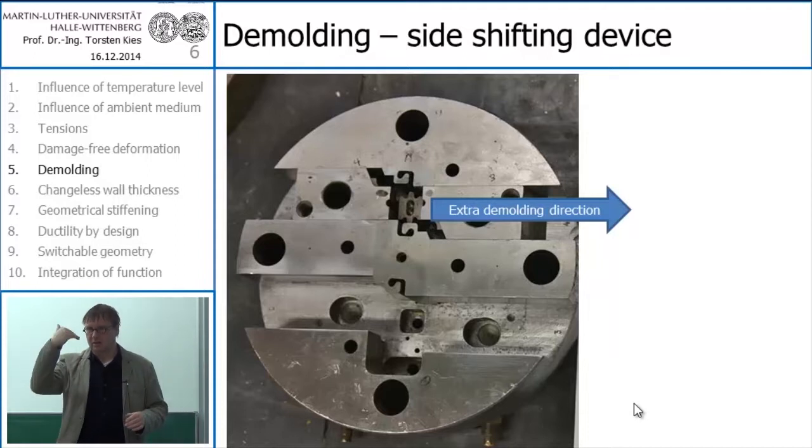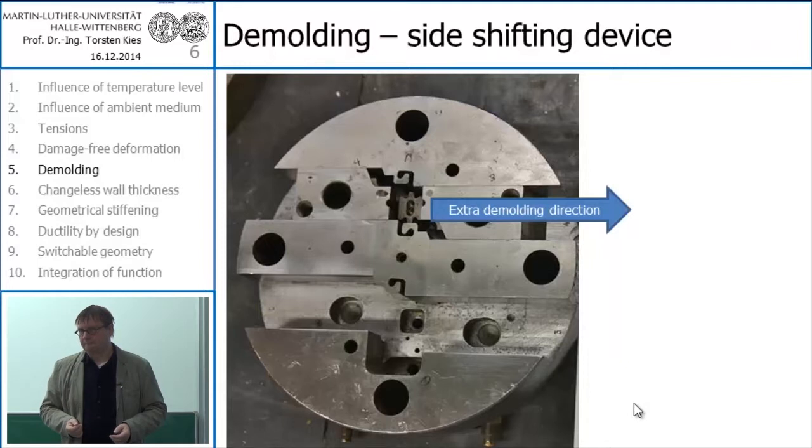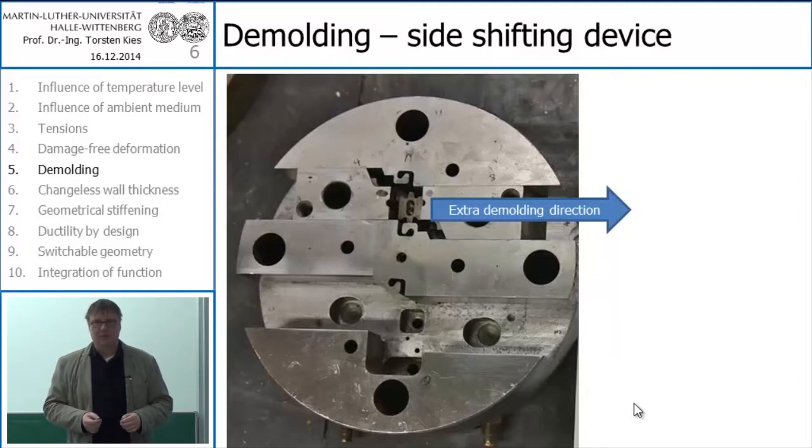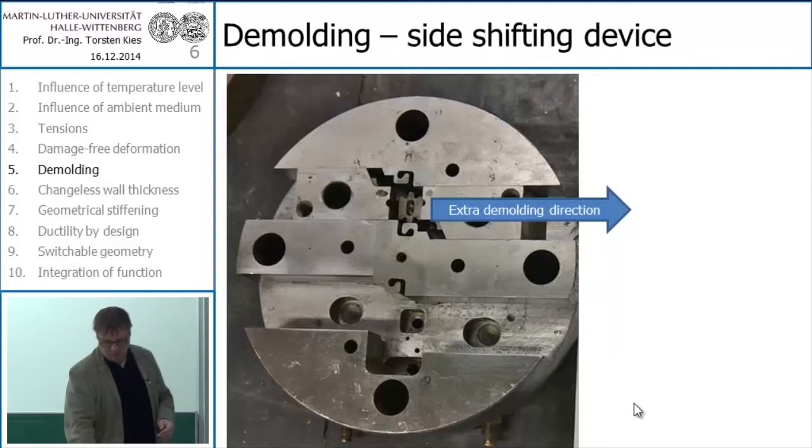I start with very easy molds and build it up, showing which opportunities there are, up to very complicated molds. If you need it anytime, then I can say this chapter of the book is very interesting for you, and I hope that it will help you to earn a little bit more money.